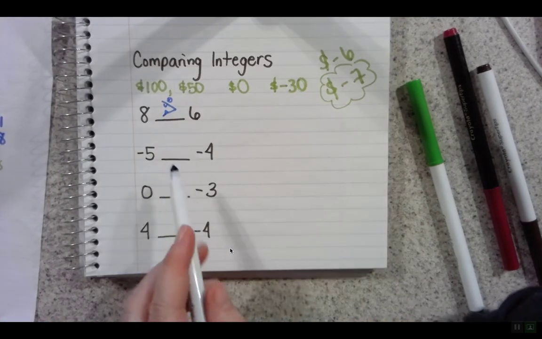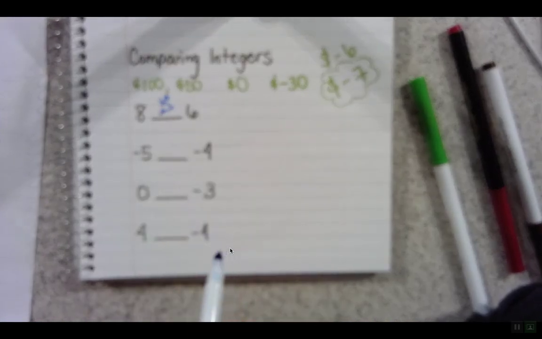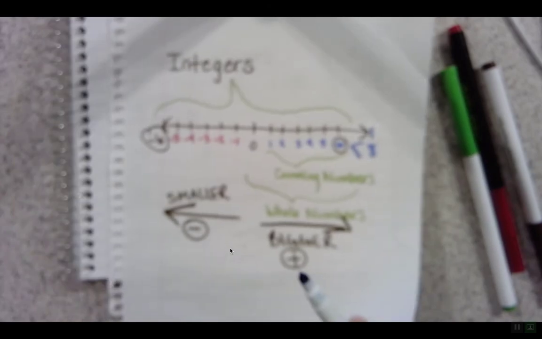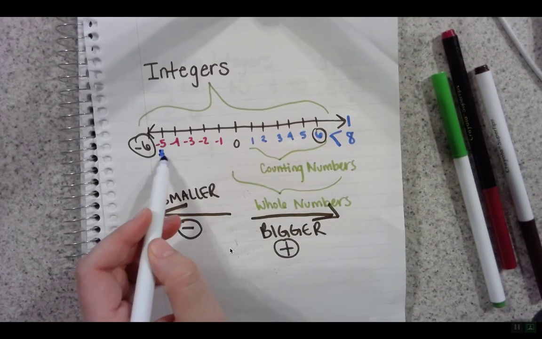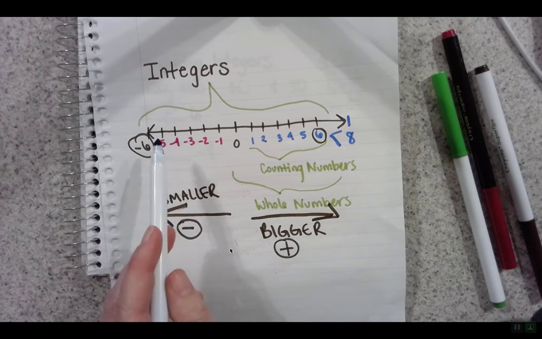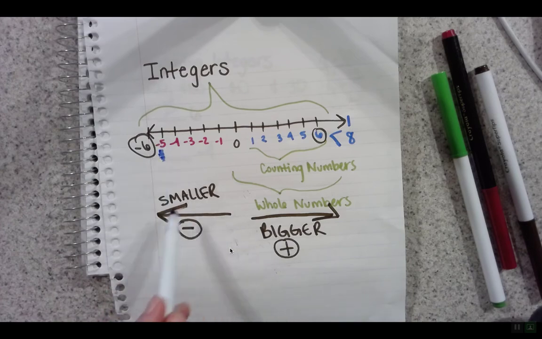Now let's compare two negatives. Which is larger? Negative 5 or negative 4? Well, let's look back at the number line. Negative 5 is further to the left. It's smaller.